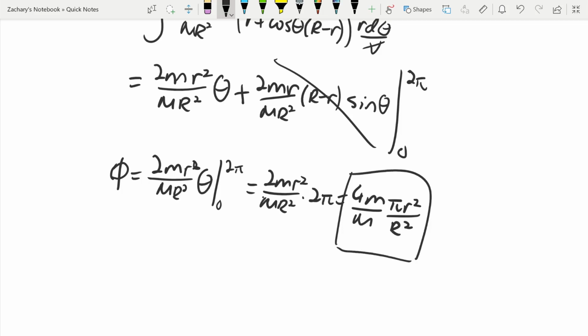And so that's the answer we're looking for: the total angle that the big disk rotates through. It's a hard problem, but hopefully you understand how to do it now if you didn't already.